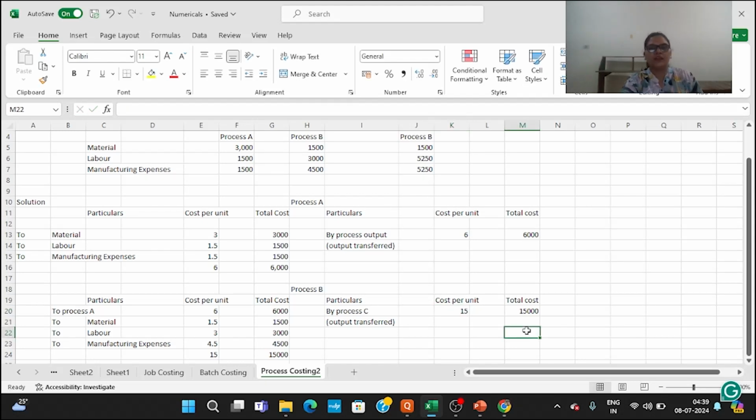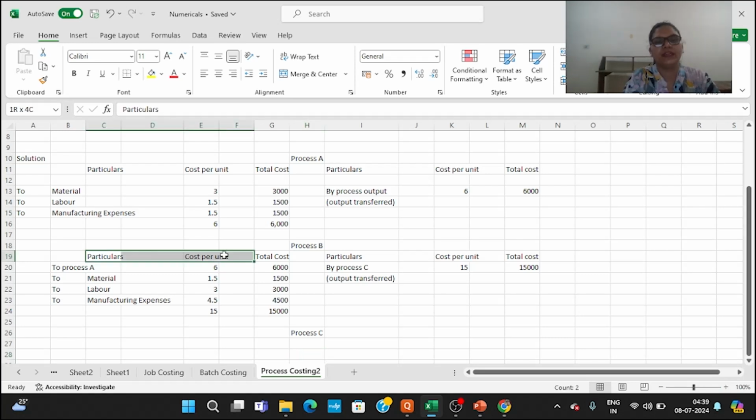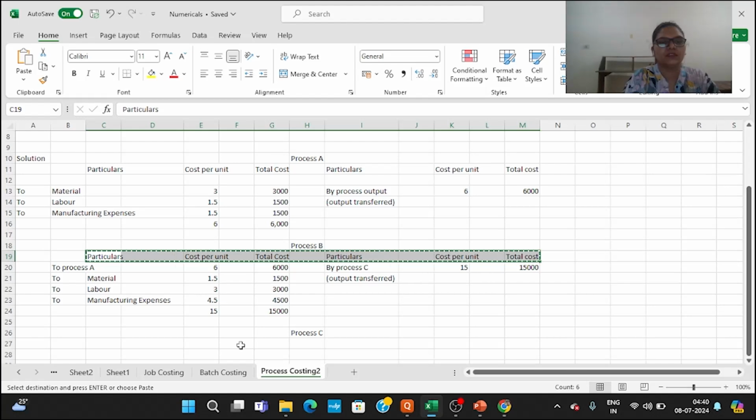Okay. Now let's move on to this. These were all the expenses of process B. Let's move on to process C. Process C, we will make format in the same manner. There's no difference.